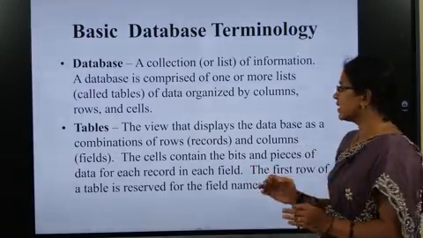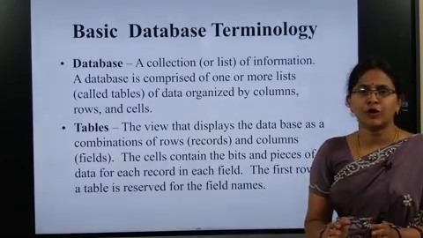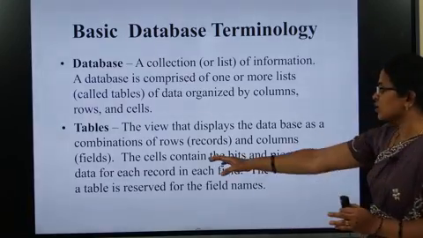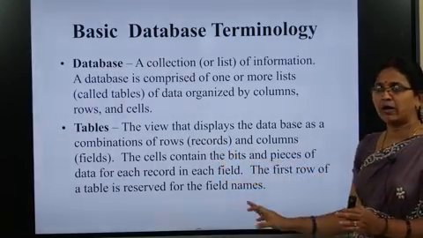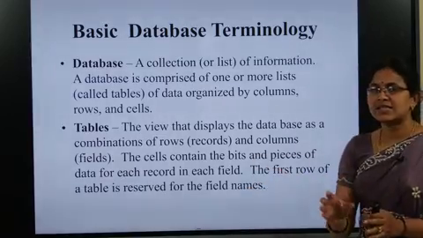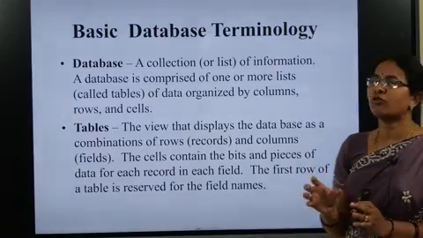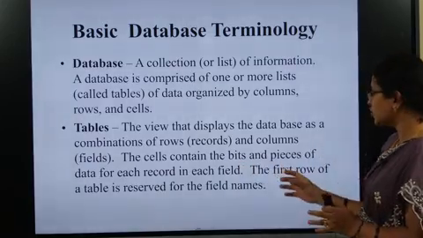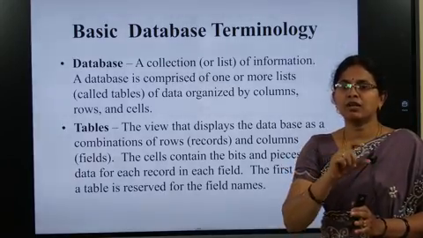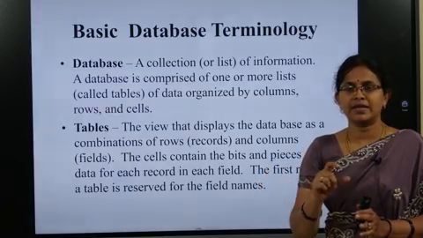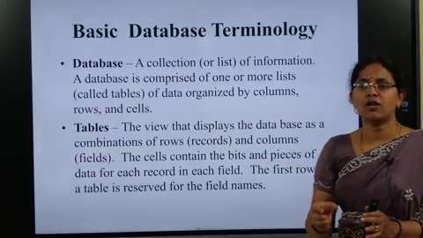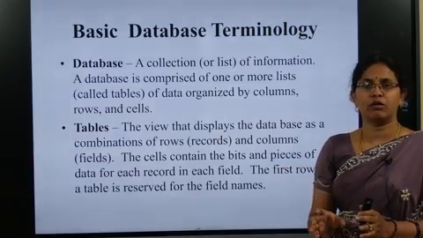The next concept related to the database is tables. A table is a view that displays the information in the form of rows and columns. Generally the row is a record and the column is a field. The cells contain the bits and pieces of data for each record in each field. We call the row a record, entity or tuple, but each column represents an attribute of a record.